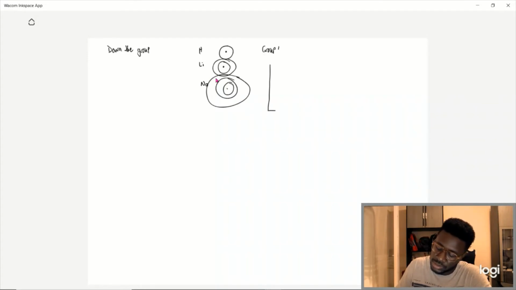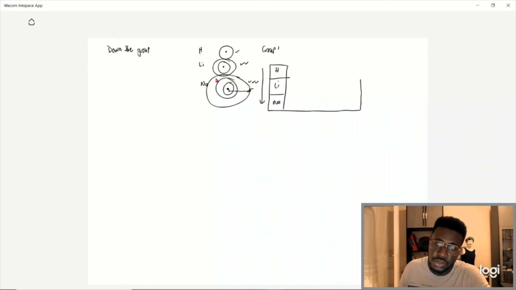So they're all here: hydrogen, lithium, sodium. Because you're having more and more shells, the distance between the nucleus and the outermost electron is going to increase. So down the group, the number of shells increases, so the atomic radius increases.